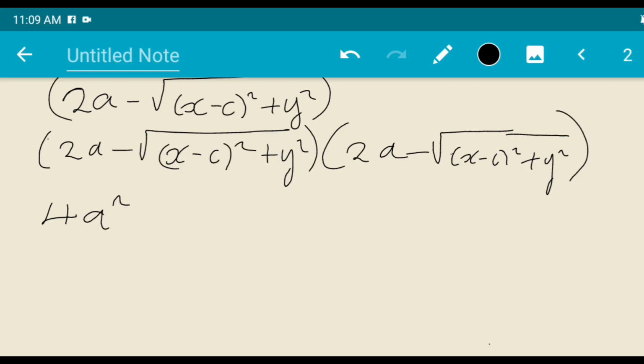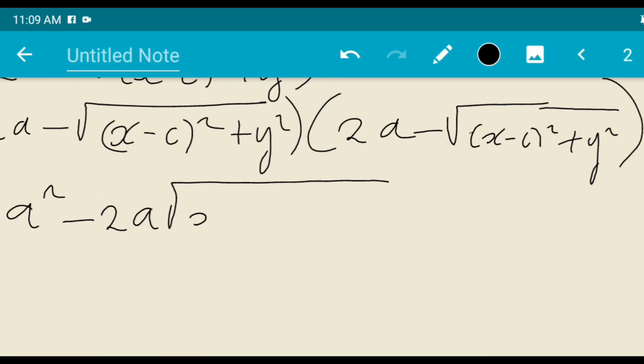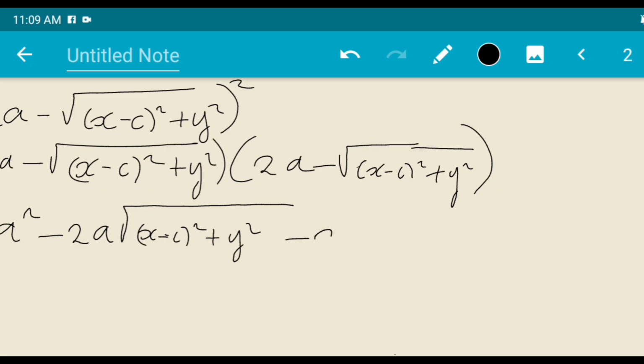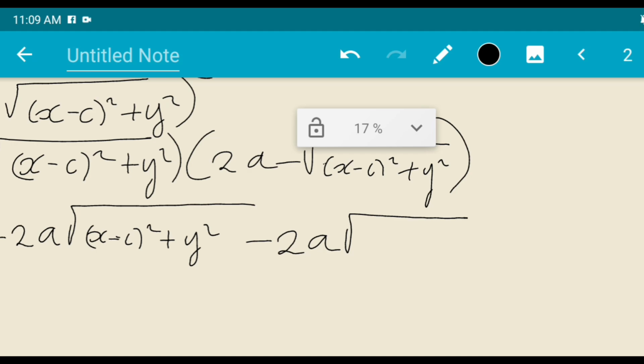Then 2a times this whole thing here, including the negative, is going to be negative 2a, open brackets, everything in the brackets, so x minus c squared plus y squared. Then this times 2a is just going to be negative 2a, open brackets, everything inside, which is just the same, x minus c squared plus y squared.